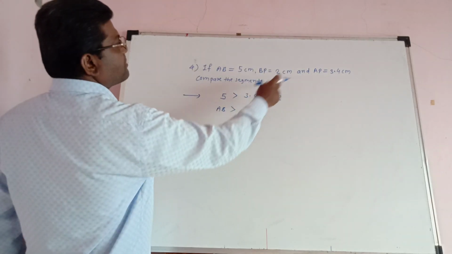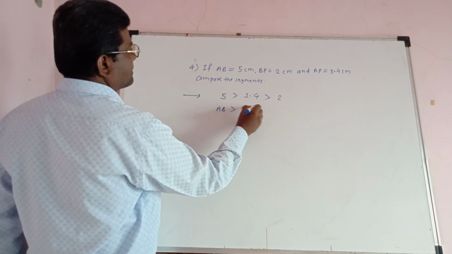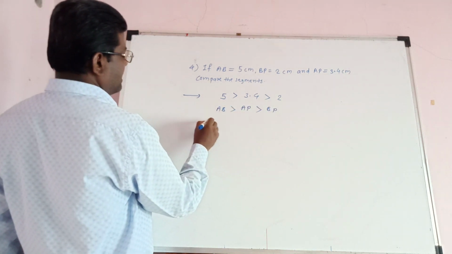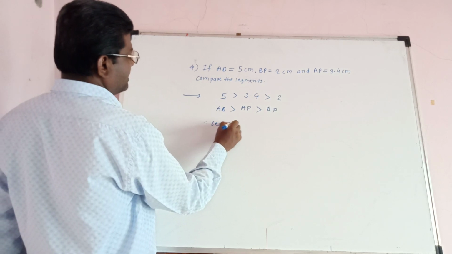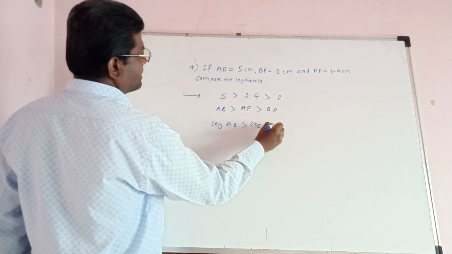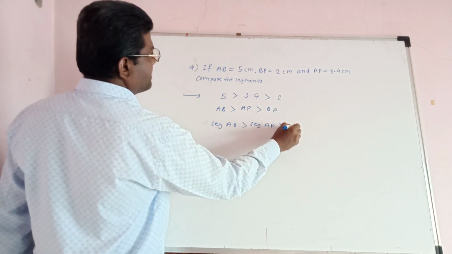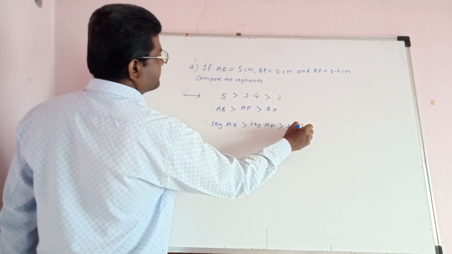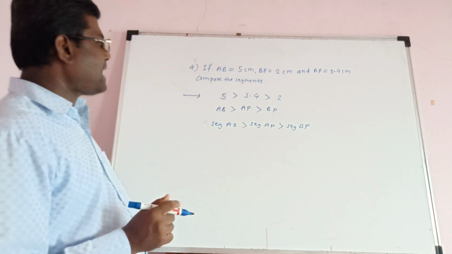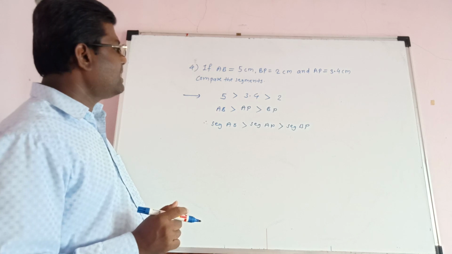Then 3.4 is AP and 2 is BP. Therefore, segment AB is greater than segment AP is greater than segment BP. Thus, we can compare the given segments according to their lengths.